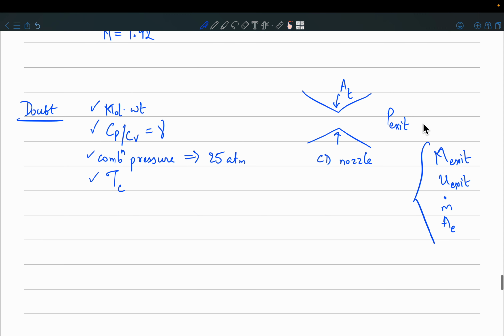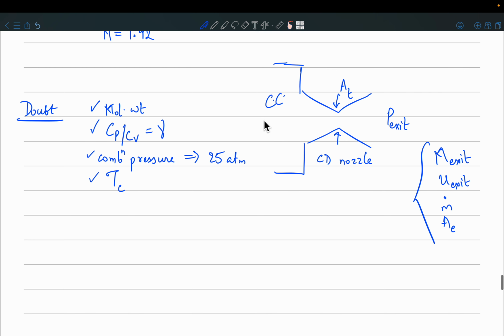Yeah, so now you are given the exit pressure, and where is the combustion happening? Is that given? It must be before the nozzle, right? Yeah, so it is in this combustion chamber. In the combustion chamber, you are given the pressure, the temperature, and then you allow this flow to move through the nozzle.